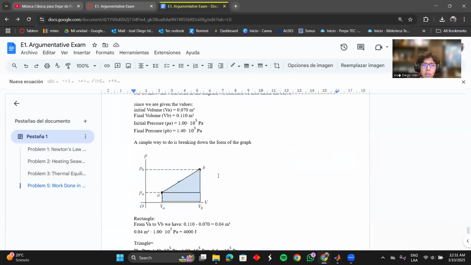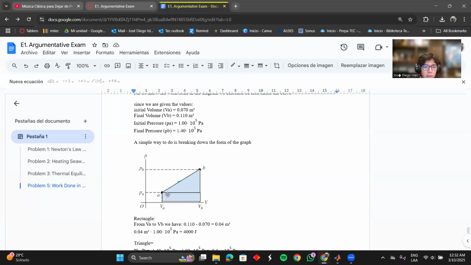Finally, we want to know the work that the gas is actually making, right? And now they give us values, so we can break down the problem. I know we can use integrals to know the area under the curve, or the slope, or whatever you want to call it. Whatever the name is, right?